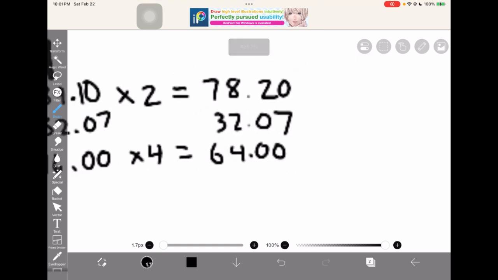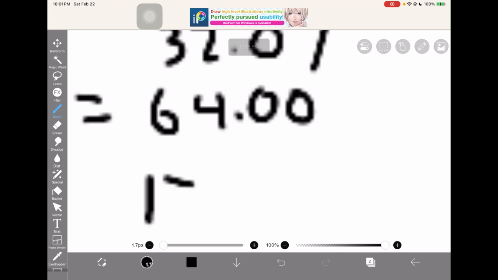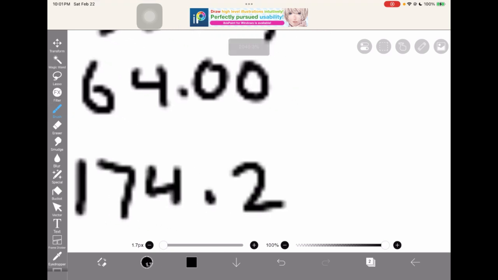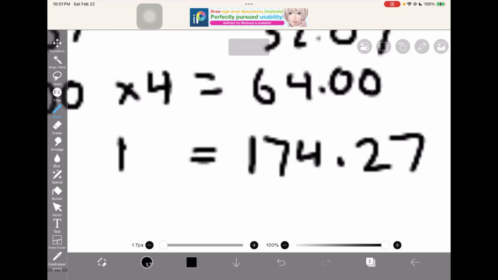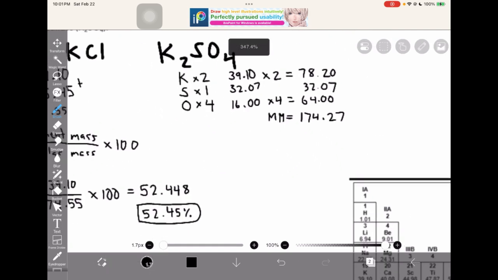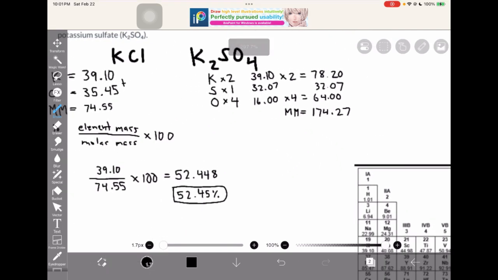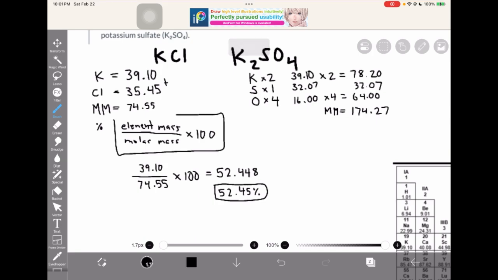Then we need to add the 78.20 plus 32.07 plus 64. That's equal to 174.27. That's your molar mass right there. So once again, we need to put this formula into account.